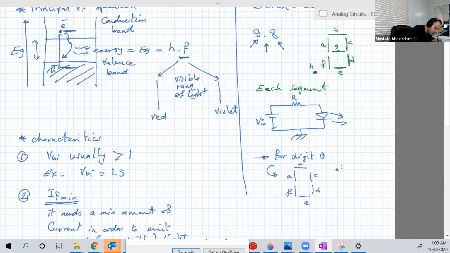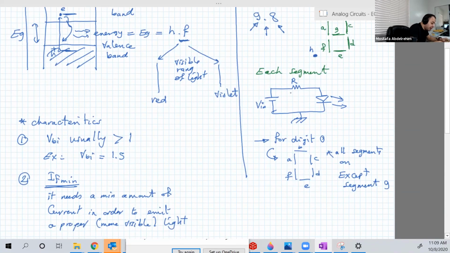So all segments will be on except segment G. Okay, I think this is clear, right? You just need to choose a proper value for R, such that the minimum current that will flow in that circuit is larger than I forward minimum, which will be given to you in the data sheet, or if it's an exam, I will also give you.